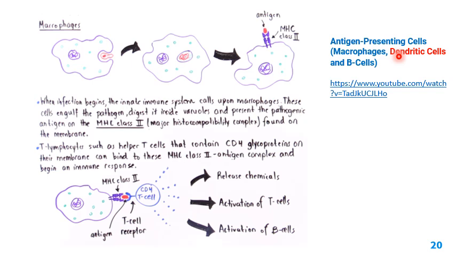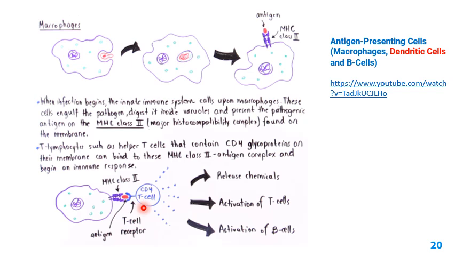Those antigen presenting cells have on their surface this molecule, MHC class 2. Once they process the antigen, they cut a piece of it and put it on top of that MHC class 2, and they'll be ready to present it to a T cell.